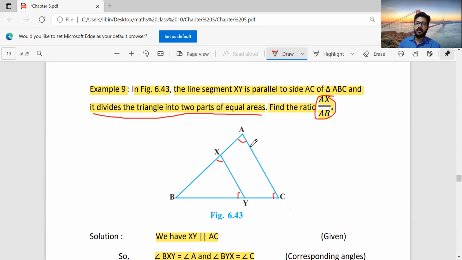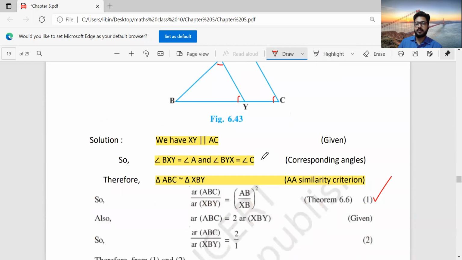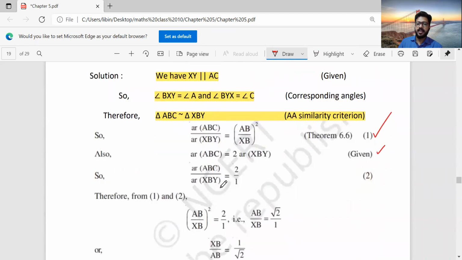So that's why we are saying that area of triangle ABC is equal to 2 times area of triangle XBY, which is given to you. Now we are taking this area of XBY here. So area of ABC by area of XBY is equal to 2 by 1. And this is equation number 2. Okay. So actually look here, the LHS is equal.